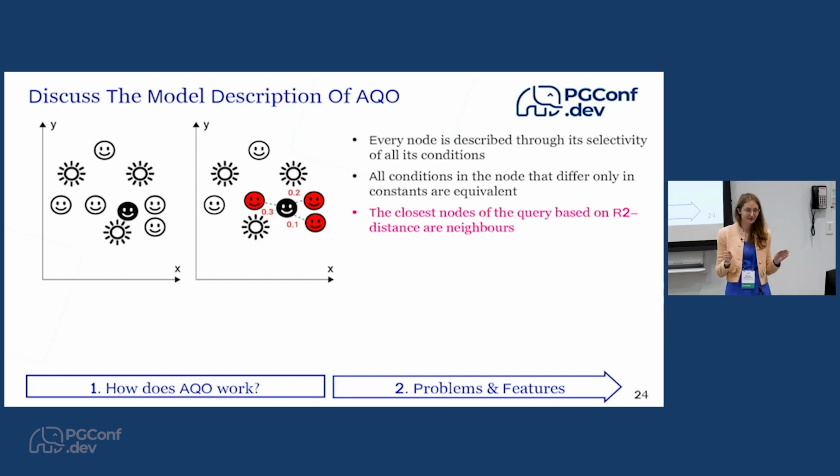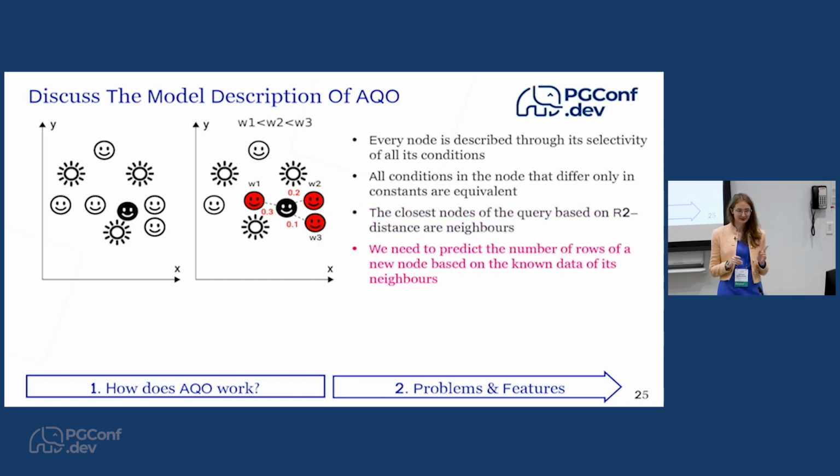Imagine the situation when we try to estimate the cardinality information for the black smiling face. We find 3 neighbors for it, and first of all, we need to calculate the distance between the 3 red smiling faces and the black one.